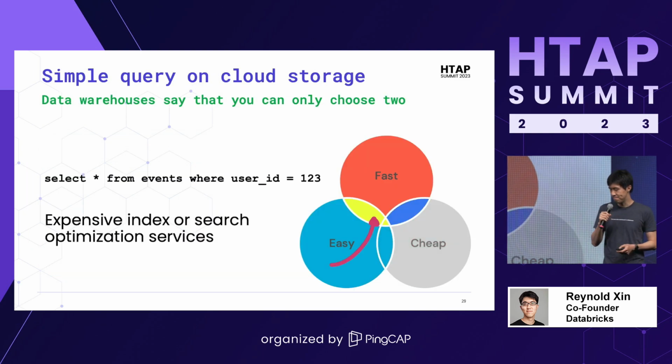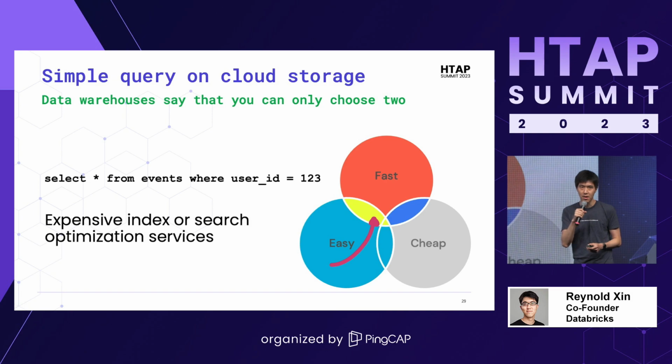Again, just using our very simple example, select star from events, where a predicate on user ID. If you create an index, in most cases you can make the system fast, and it's easy to think about because you just keep adding indexes for every predicate you have.